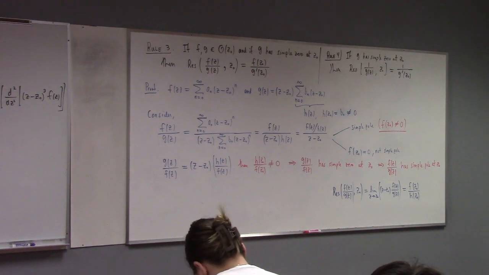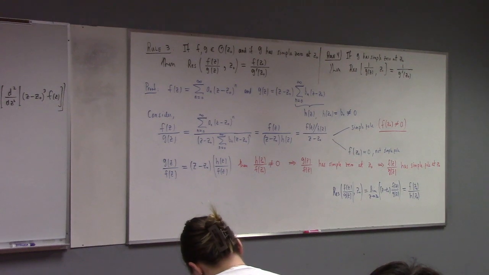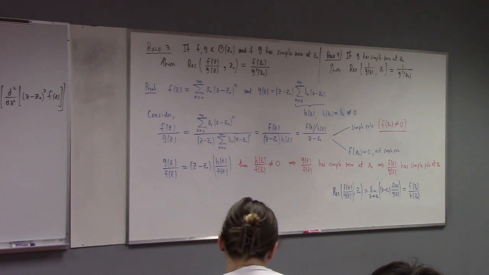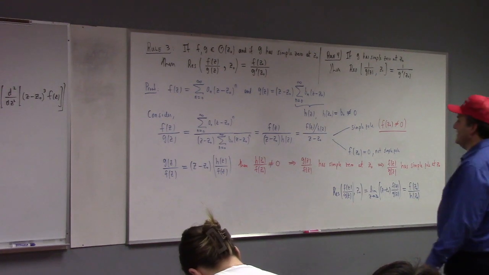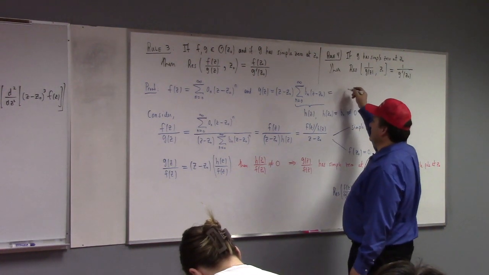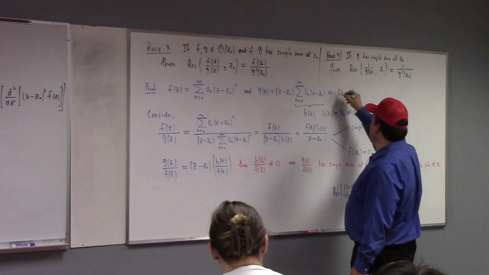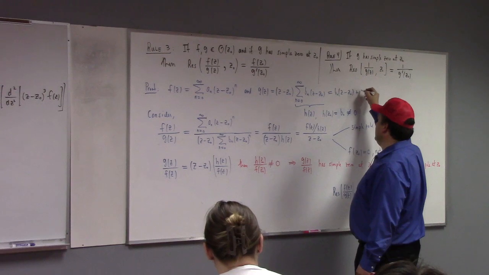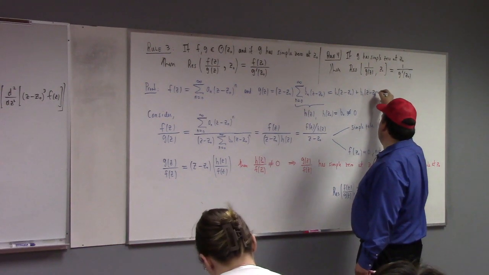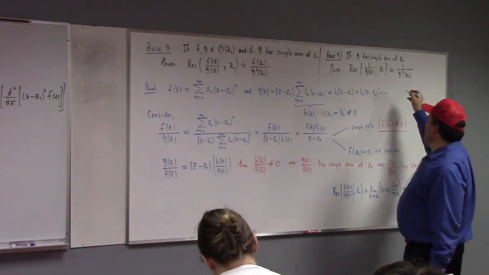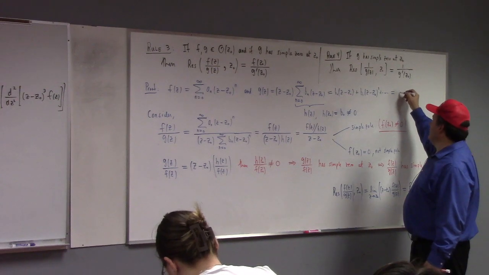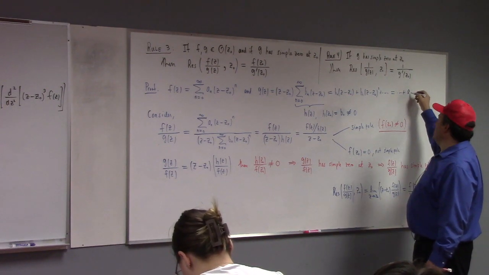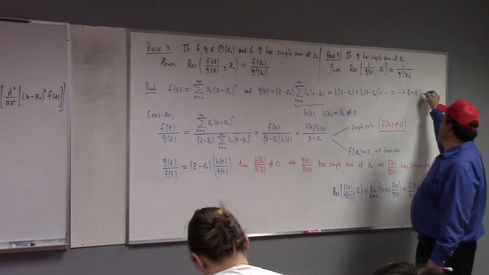But what is h of z naught equal to? B naught, but what else is it equal to? Let me write this out. This is z minus z naught times b0, plus b1 times z minus z naught squared. It's also equal to a sub 0 plus a sub 1 times z minus z naught, right?